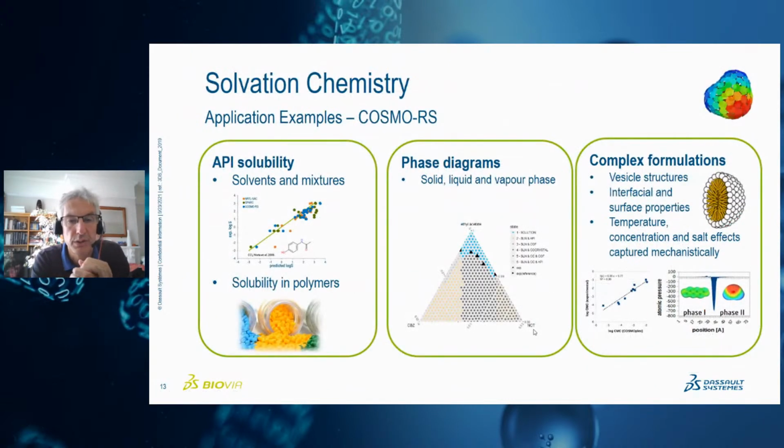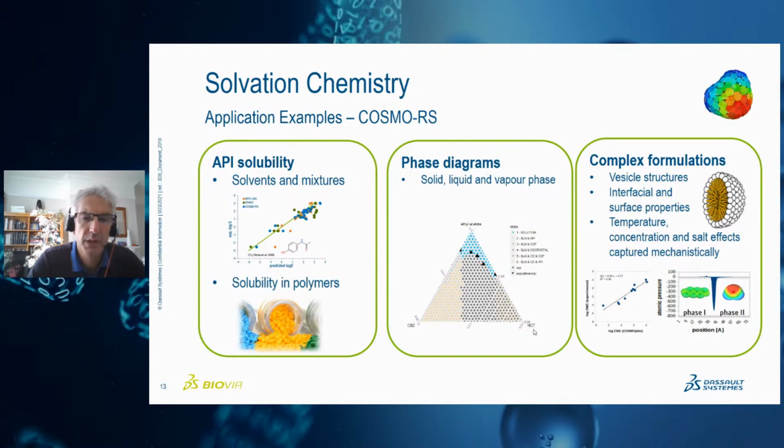I mentioned COSMOtherm, based on the COSMO-RS methods. That's a recent acquisition of Biovia of what was called at the time COSMOlogic, which is now renamed Solvation Chemistry within Biovia. What the solvation chemistry tools allow you to do is predict the API solubility in solvents or in mixtures of solvents.